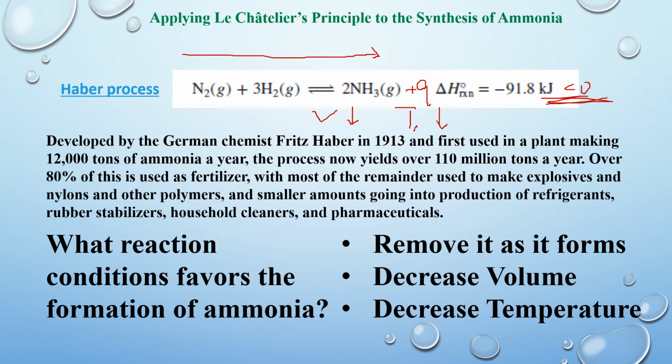If you compare the boiling points of these 3 gases, ammonia has the highest boiling point, meaning that if you cool down the whole mixture containing these 3 gases, ammonia will be the first one to condense. It will be the first one to become a liquid phase.